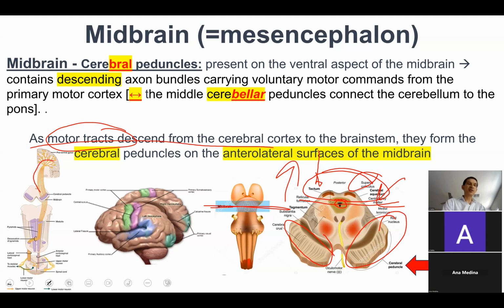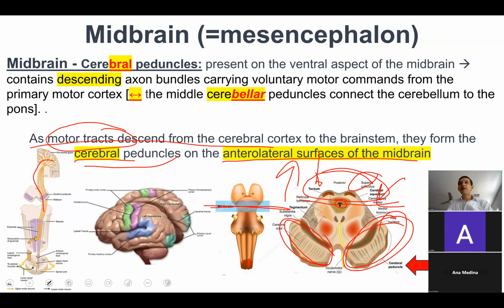So these axons bind each other, pull together, and form wide nerve-like structures in the central nervous system. We call them tracts. These tracts go down to the rest of the body. While they're crossing the area of the midbrain, we call them cerebral peduncles because they look like little feet, and they're on the anterolateral side of the midbrain.